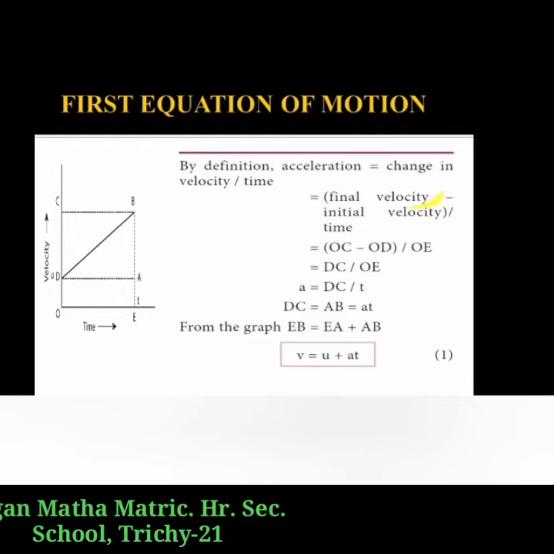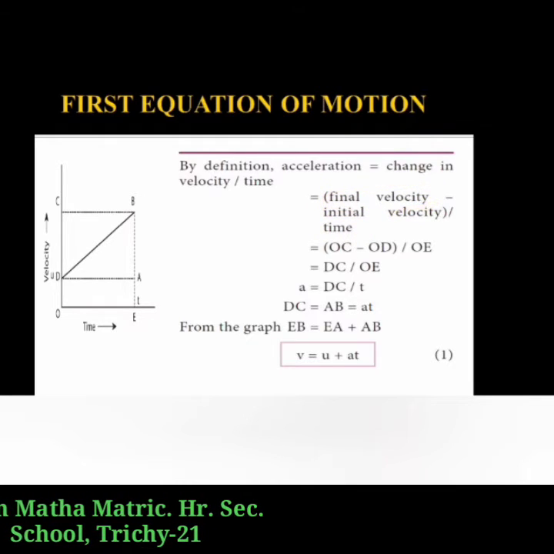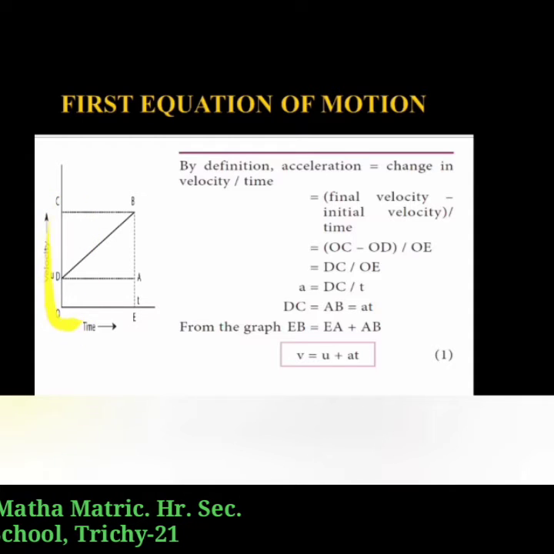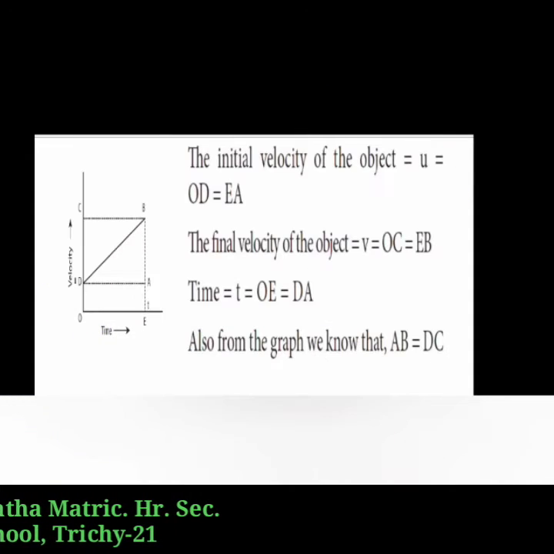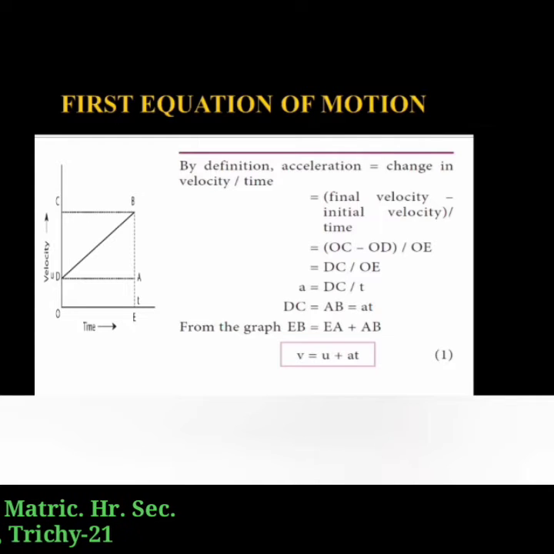Here final velocity from the graph is OC, initial velocity is OD, and time is OE.